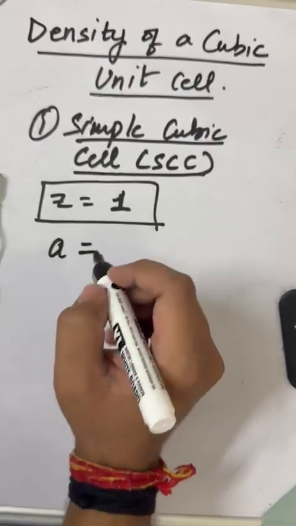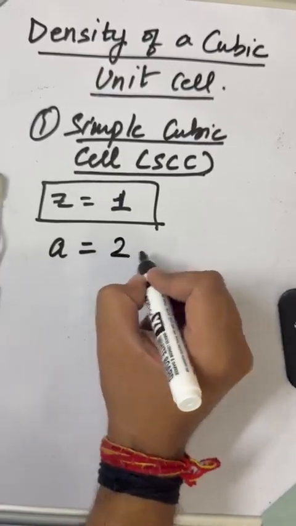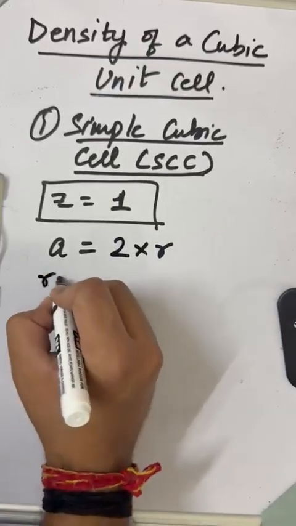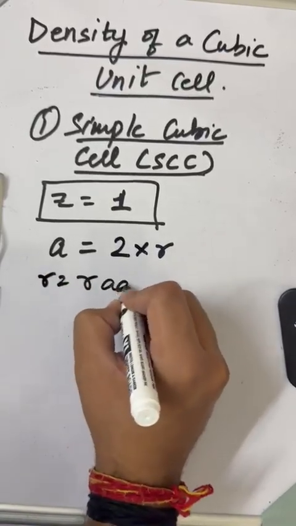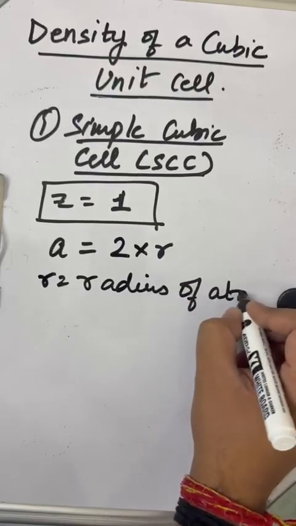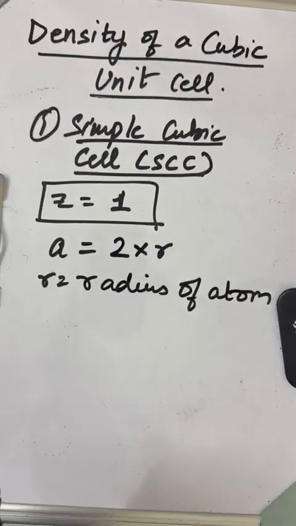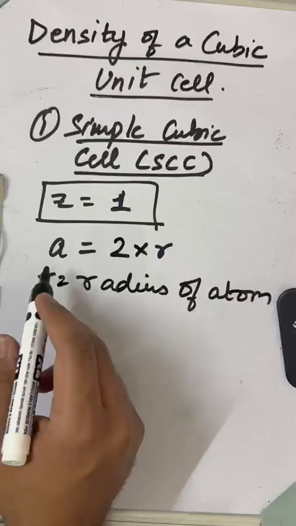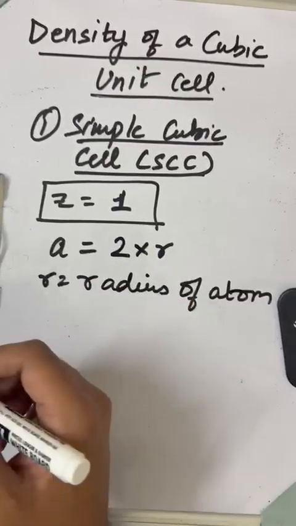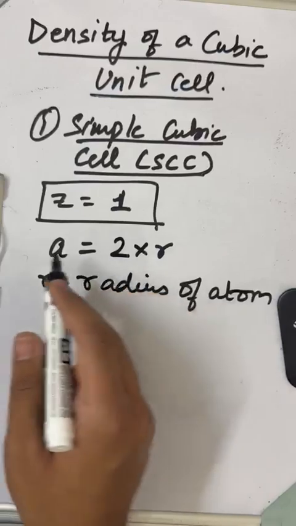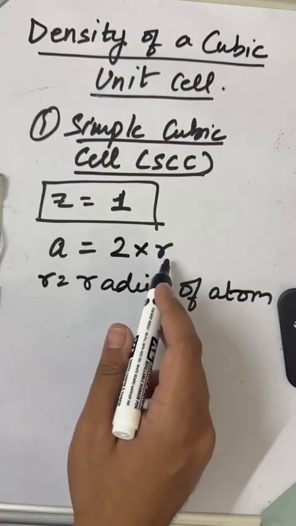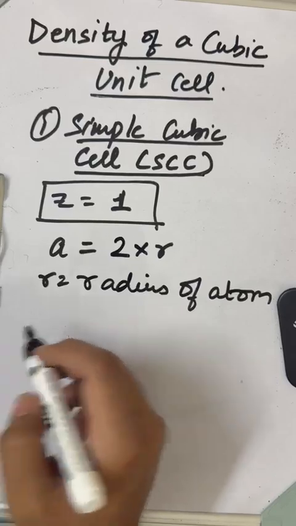Edge length in case of a simple cubic cell structure is given by 2 multiplied by R, where R is the radius of the atom. Sometimes in the questions, instead of the edge length directly, the radius of the atom is given. In that case, you have to calculate A by multiplying 2 with the radius of the atom.